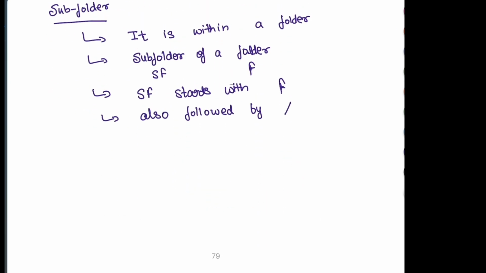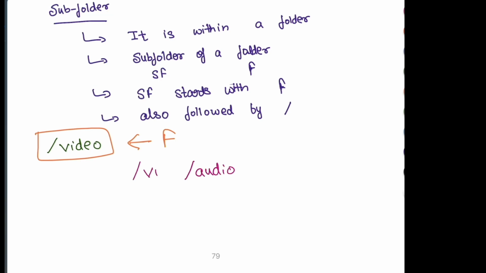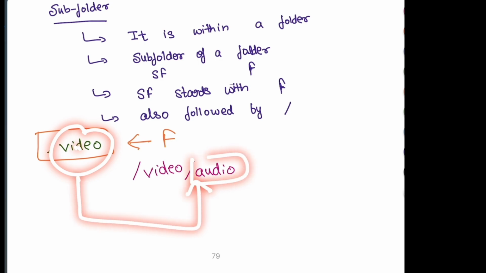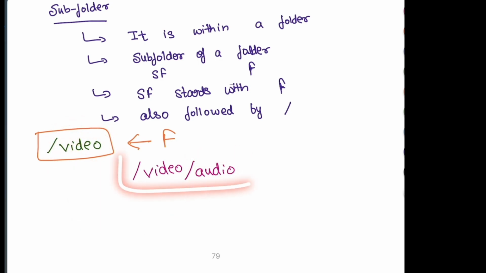Now let me try to explain this to you. For example, let us say you have a folder slash video. As of now, I just know about this folder. Now let us say there is another folder audio, but this folder is inside the slash video folder. When you go to your video folder, you have another folder inside it called audio. So the path of this audio folder will be slash video slash audio, right?